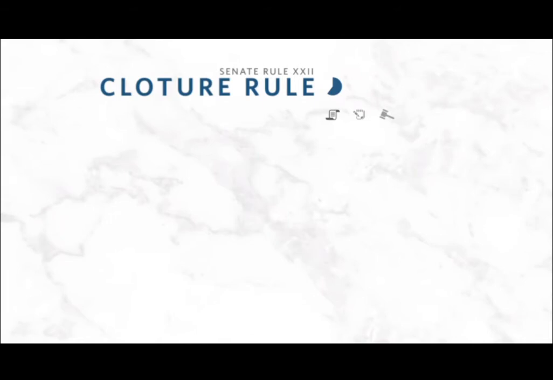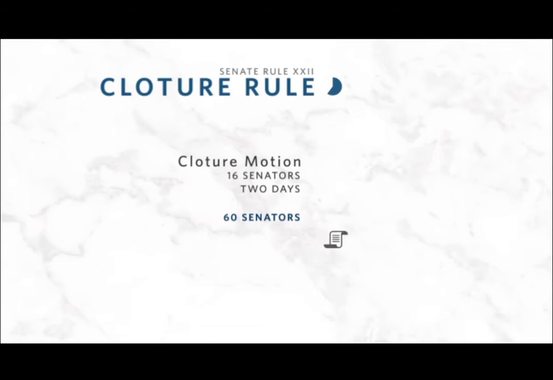Supporters of, for instance, a bill under floor consideration can file a cloture motion, signed by at least 16 senators. 2 days of session later, senators vote on the cloture motion. If 3/5, usually 60 senators, agree, then further consideration of the bill is limited to 30 hours, during which only amendments from a pre-specified list of germane ones can be offered.